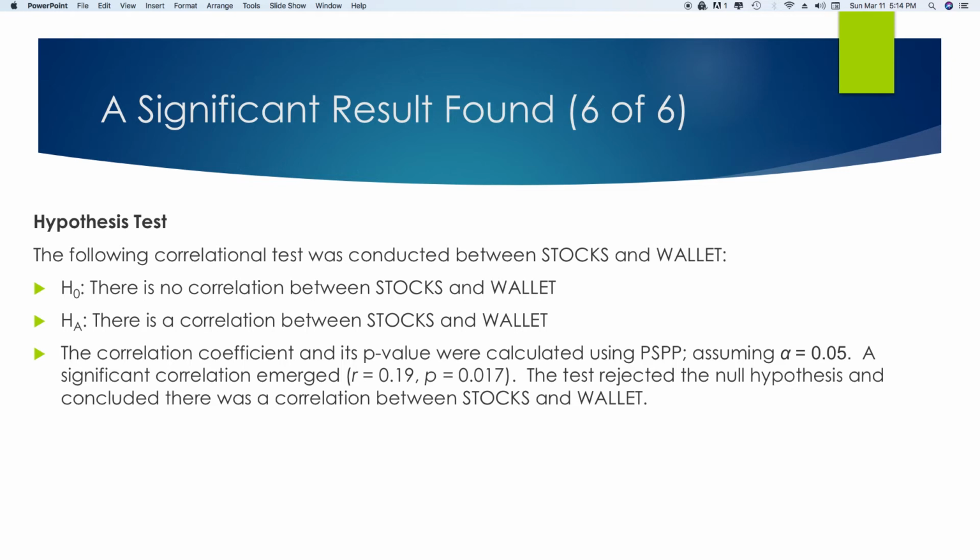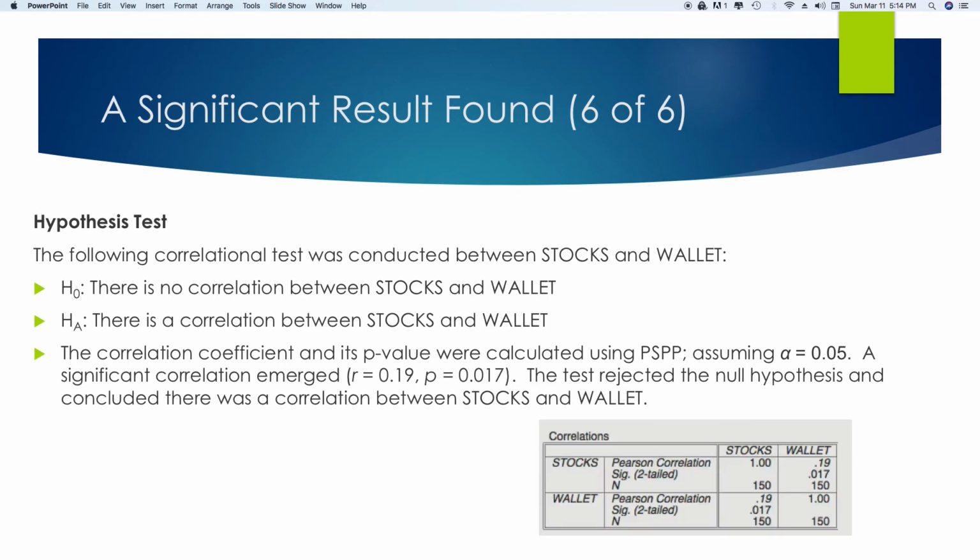The R value equals 0.19 and the P value equals 0.017. So again, we can reject the null hypothesis since the p-value is less than alpha of 0.05, and we can conclude that there is a slight correlation between stocks and wallet, but there is still a correlation there.